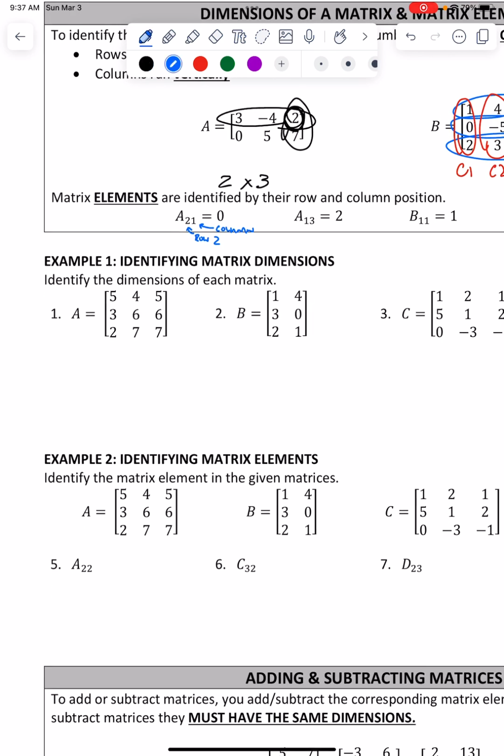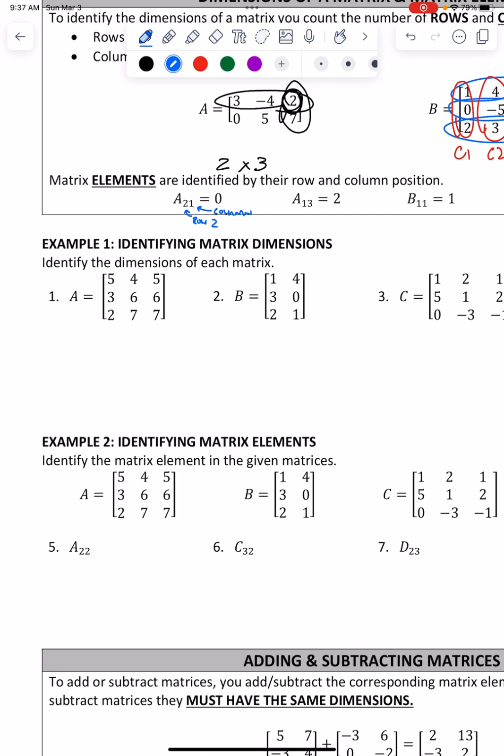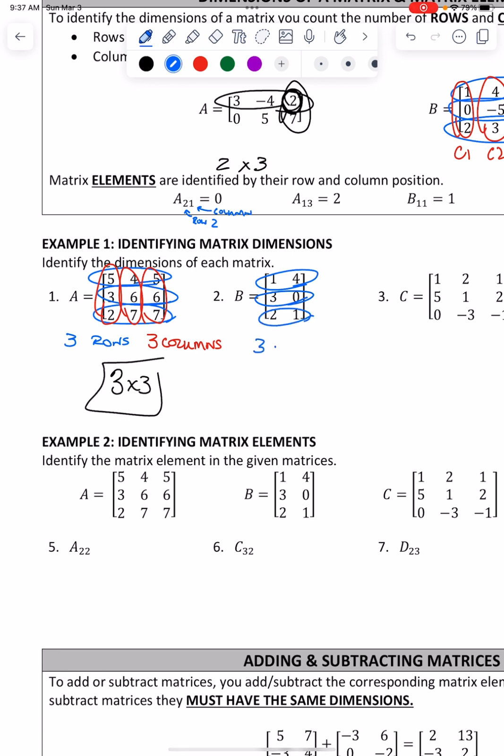Now, it says identify the dimensions of each matrix. In this one, we've got 3 rows by 3 columns, so this is a 3 by 3 matrix. For matrix B, we've got 3 rows and 2 columns, so this is a 3 by 2 matrix.